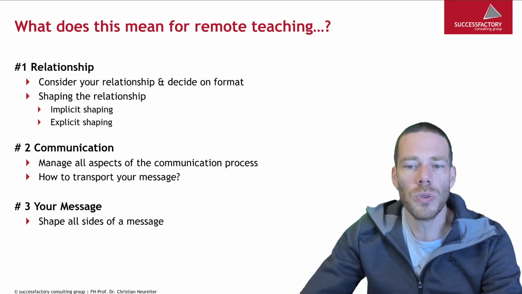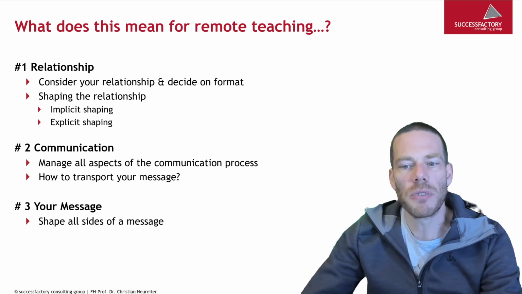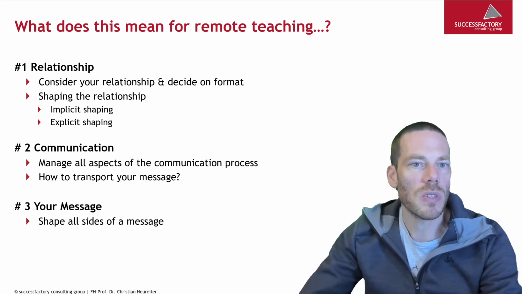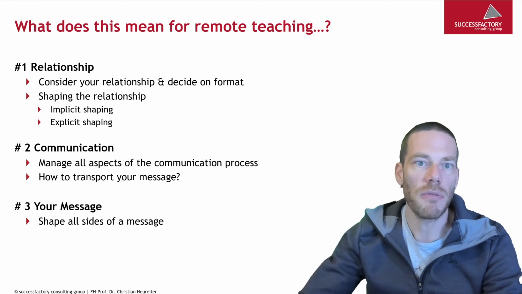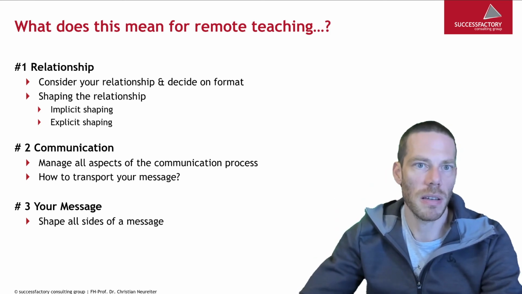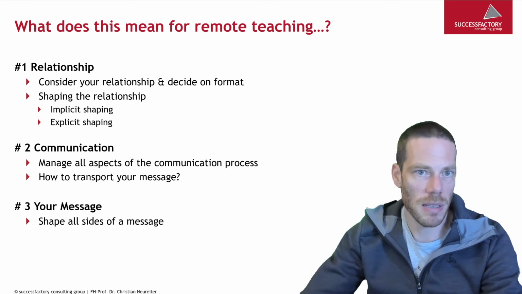Yeah, and the last aspect is the message itself. So how do you create your message? How do you encode your message? And for that reason, it's important to shape all sides of the message. You remember the 4 ears model, which says that every message is interpreted in reference to 4 different aspects.